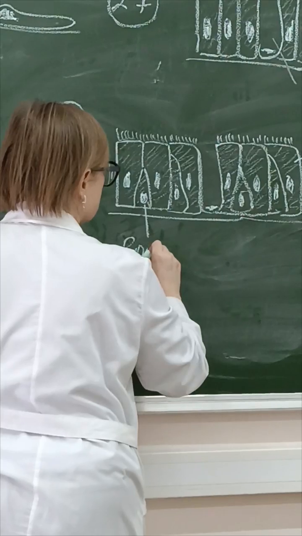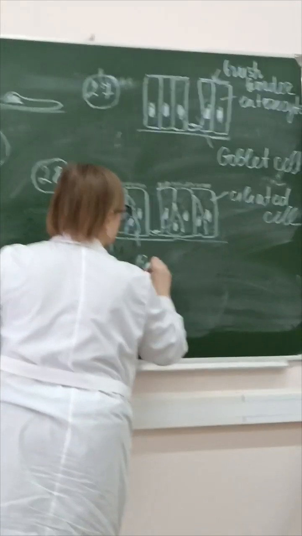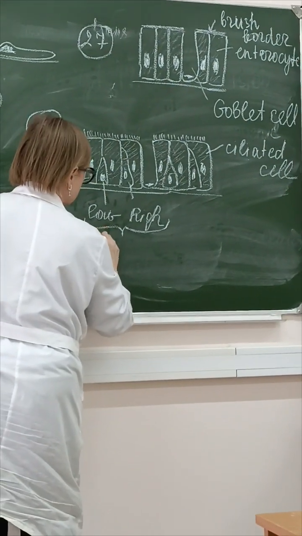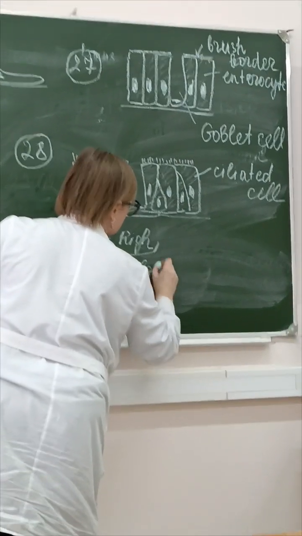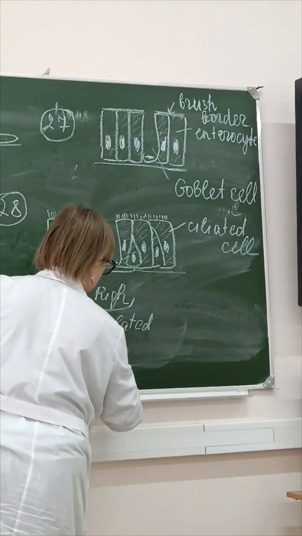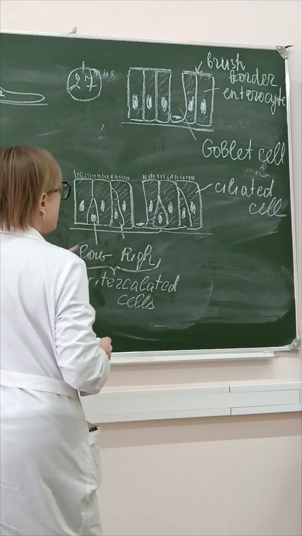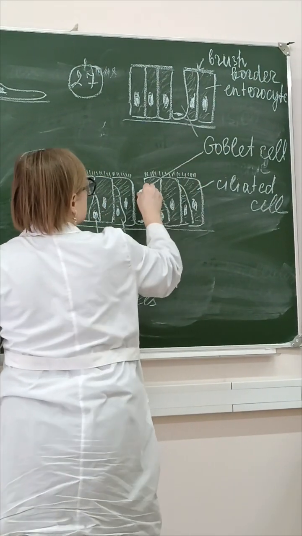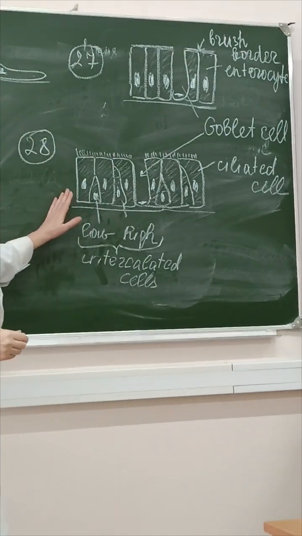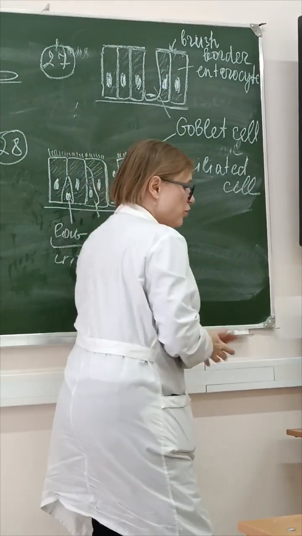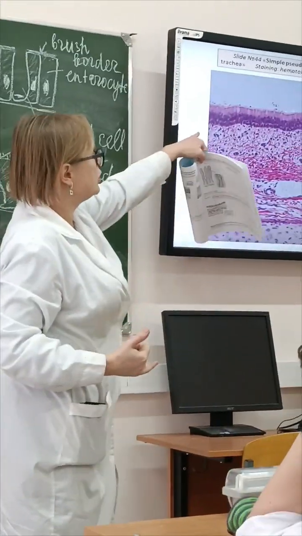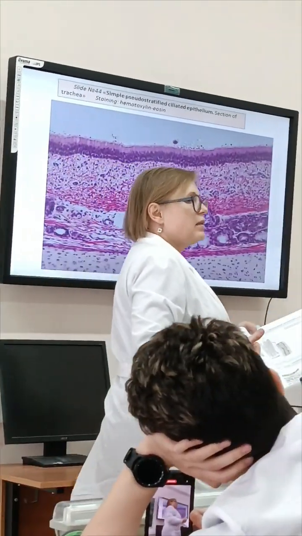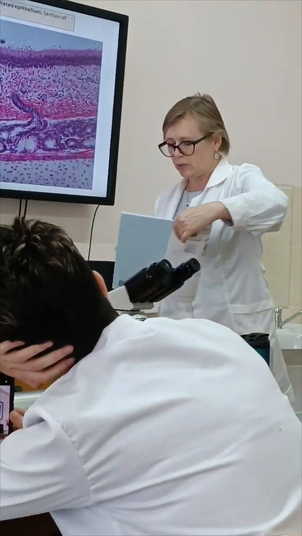So this low, this high, intercalated cell. And this again, goblet cell. Is it clear? So you draw in this space schematically the plan or structure of this epithelium: simple pseudostratified ciliated epithelium.